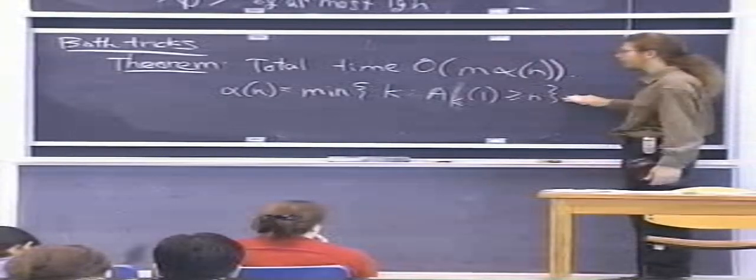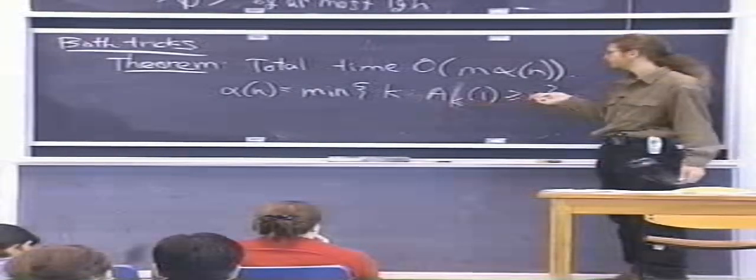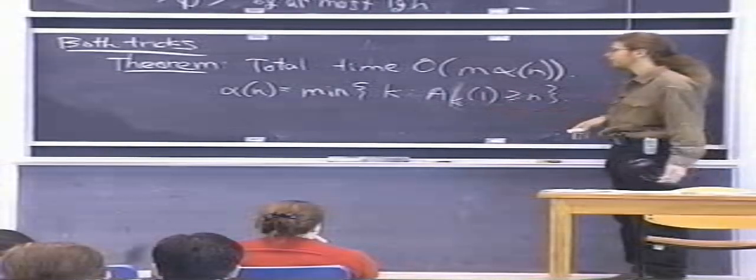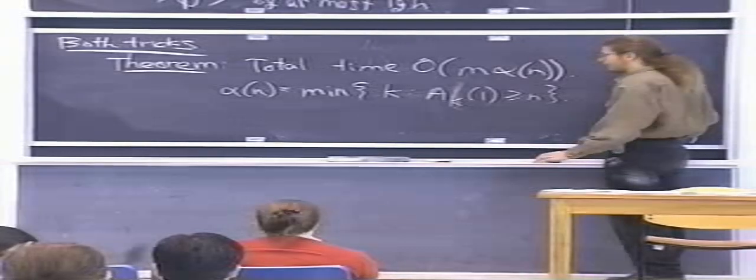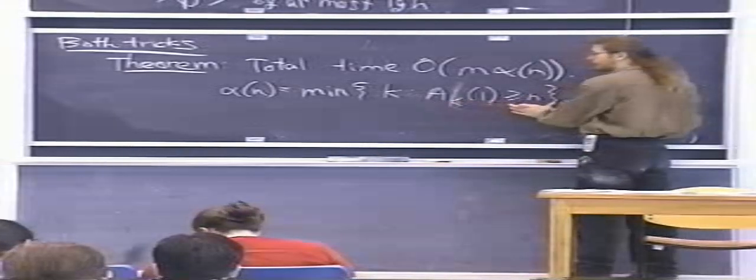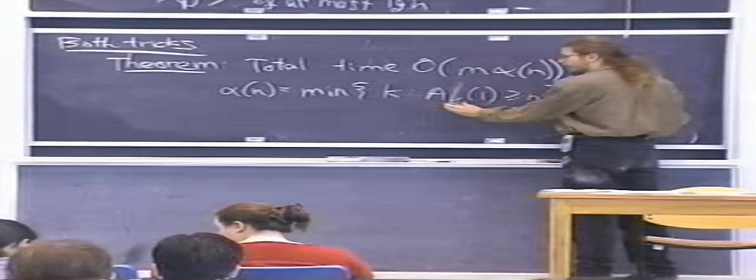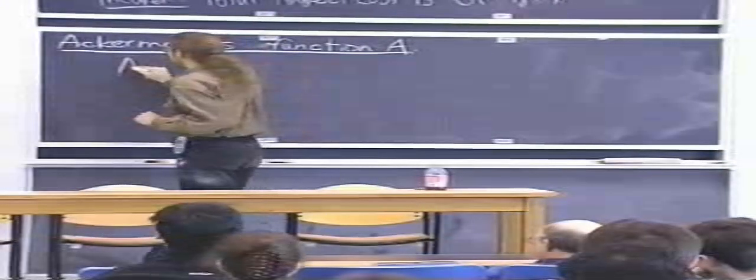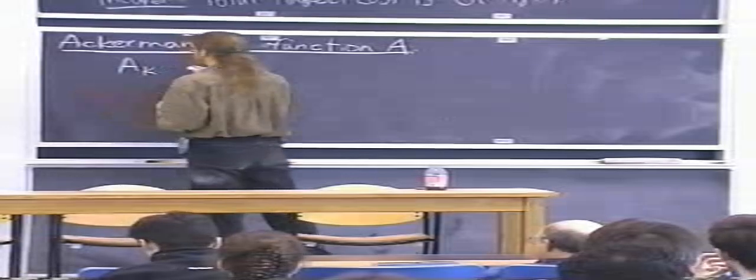And this is sort of how big do I have to make the parameter till I get n. So that's the inverse. This is like defining a log in terms of exponents. Okay? So if A grows really quickly, then these k's will grow very slowly. Okay? That's the claim. And so here's the really fast-growing function. Okay, and then we'll look at its inverse.